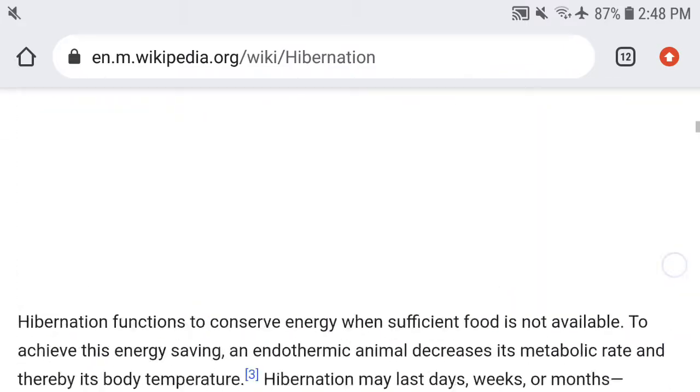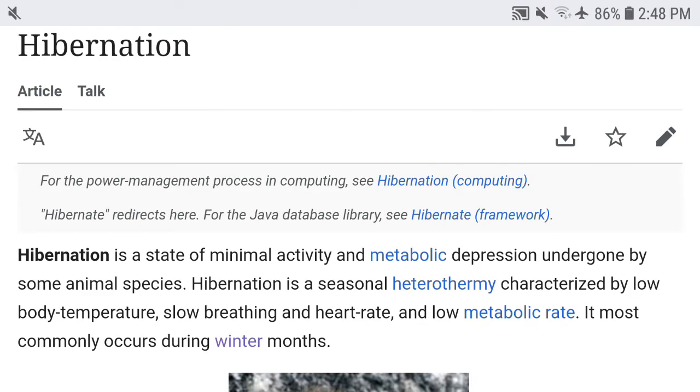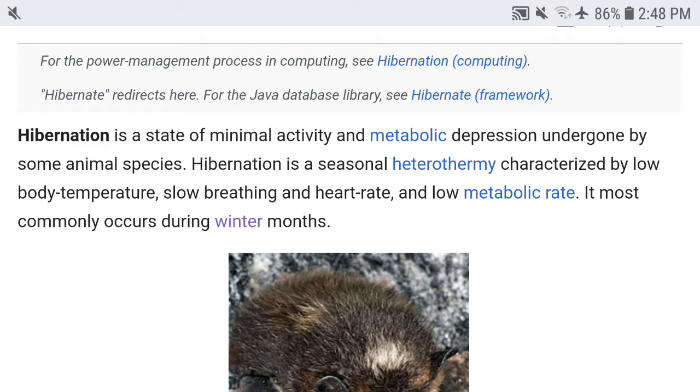So, hibernation. Here we only covered animals mostly. There's some plants mentioned there, like seed hibernation. It means that the seed cannot grow, right? So maybe there is a separate one for plants, I'm not sure. But generally speaking, plants just don't stay in the winter. The reason is, one, it is too cold. Two, there is no sunlight.